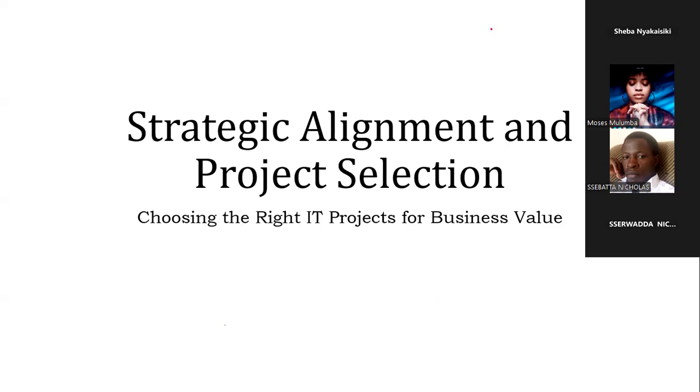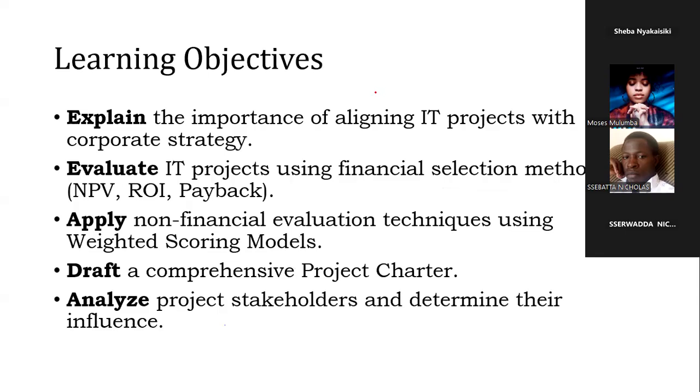Okay, so let's look at strategic alignment and project selection. Choosing the right IT projects for business value. Remember what we said, we are introducing a new thing. Okay, so we want to ensure that what we are introducing is adding value to the business.